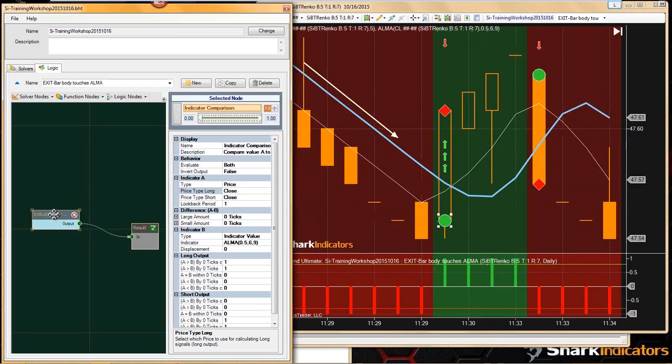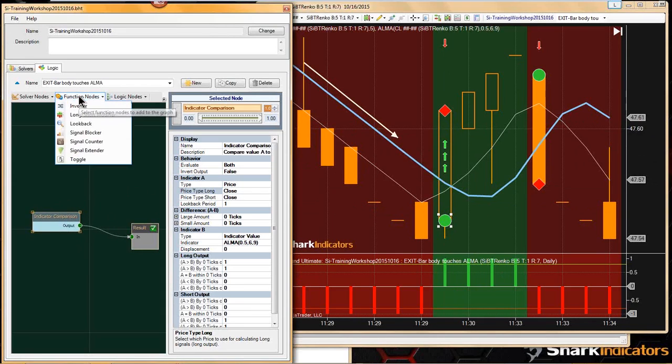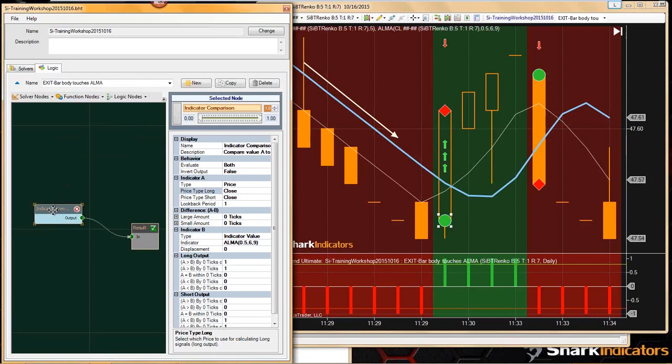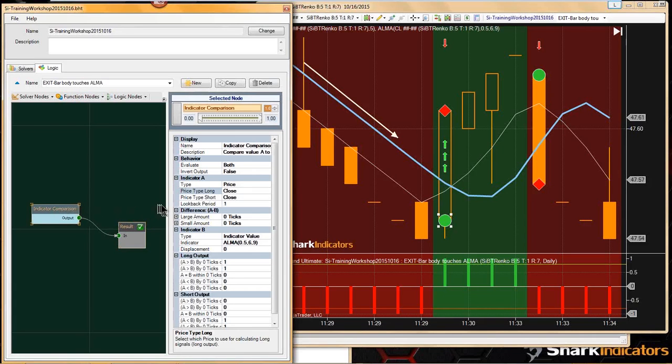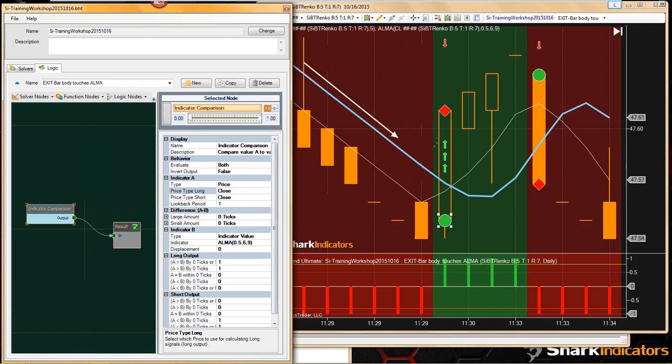I could use this one comparison solver and then use a function node. But I think I'll use 2 comparison solvers.